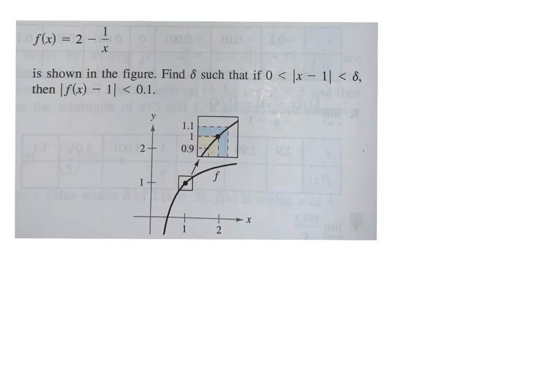So how do we actually apply this? If they gave us something like this, you are going to say, well, I need my function to be within point one of my actual limit. I think right now they're approaching one.